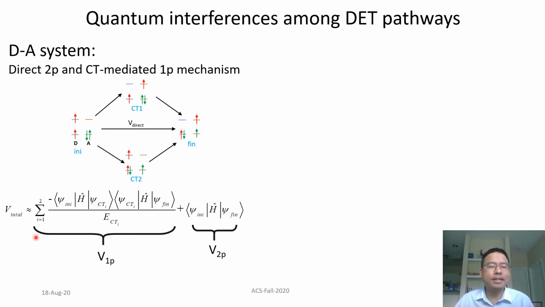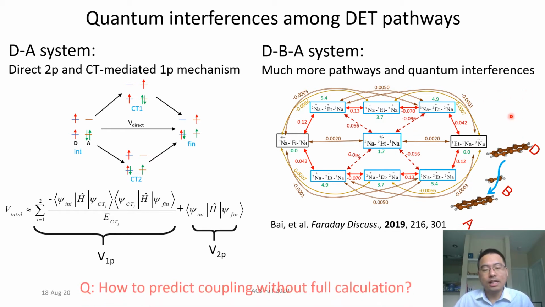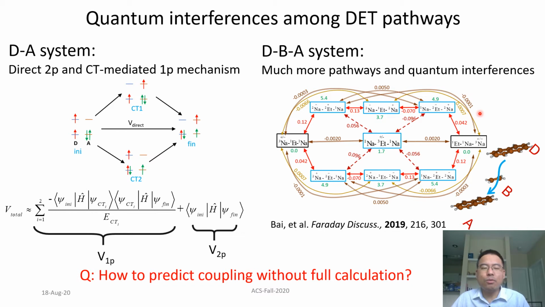So the whole coupling can be divided into two parts. For the DBA system with a bridge molecule, there are many more pathways and the quantum interferences between them. So the question is, could we have an easy way to describe them without full quantum chemical calculations?